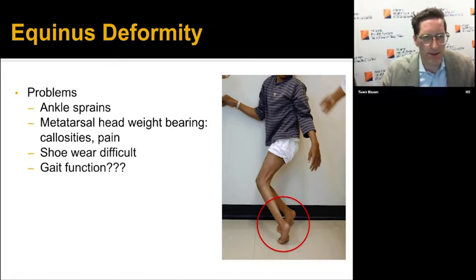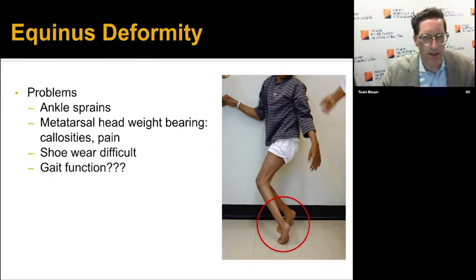Walking on your metatarsal head can result in callosities that can be painful. This position of the foot can make shoe wear difficult. And what we are really interested in is what is the effect of walking in this position? How does it affect gait?